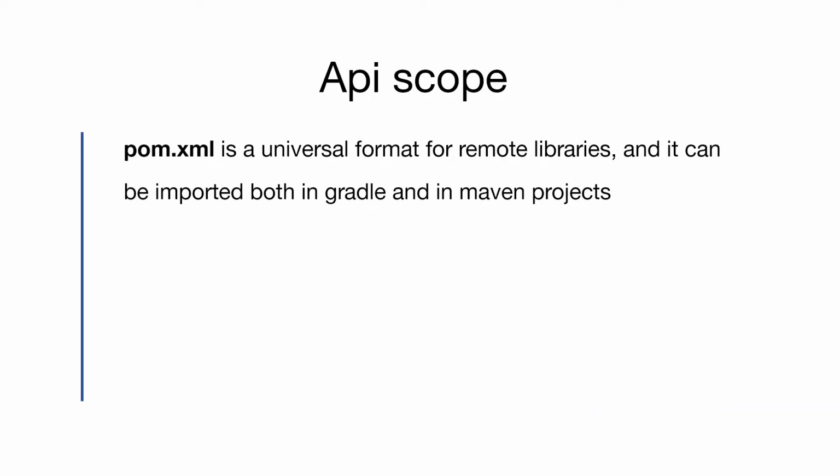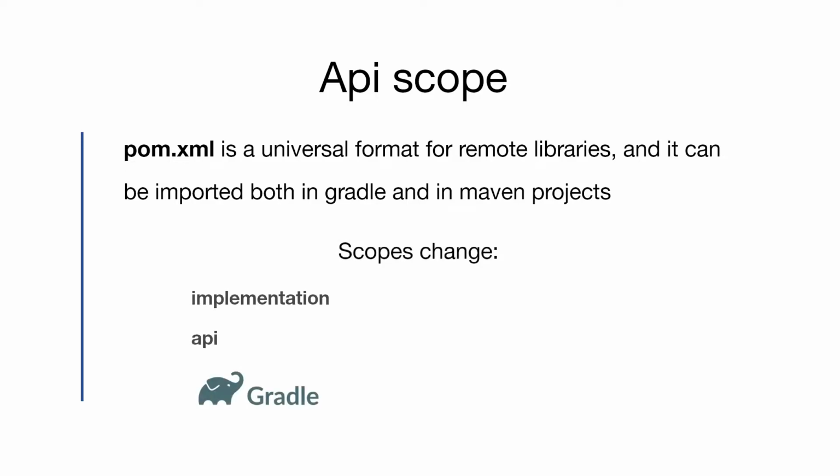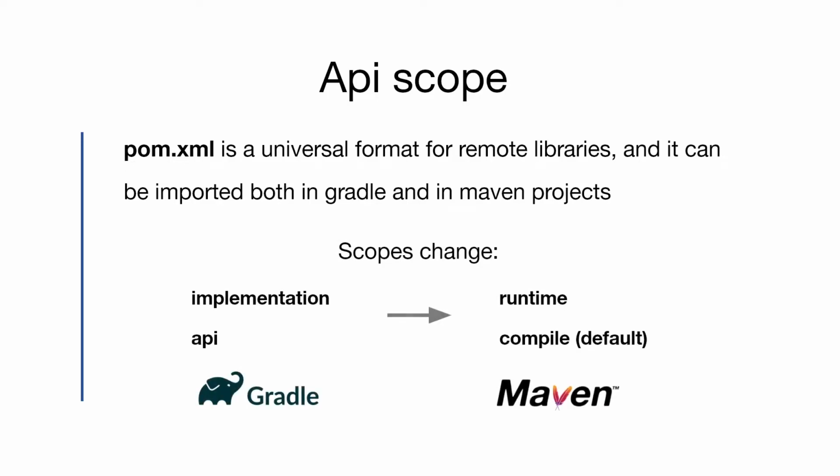In the future, it can be imported not only in Gradle projects but in Maven projects too. And after converting, the implementation scope becomes the runtime scope in Maven. So the dependency would not be accessible in the compile scope, which is the default scope in Maven.